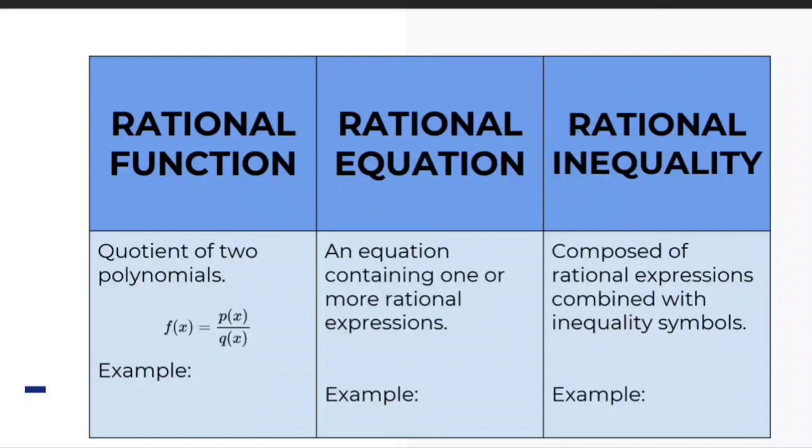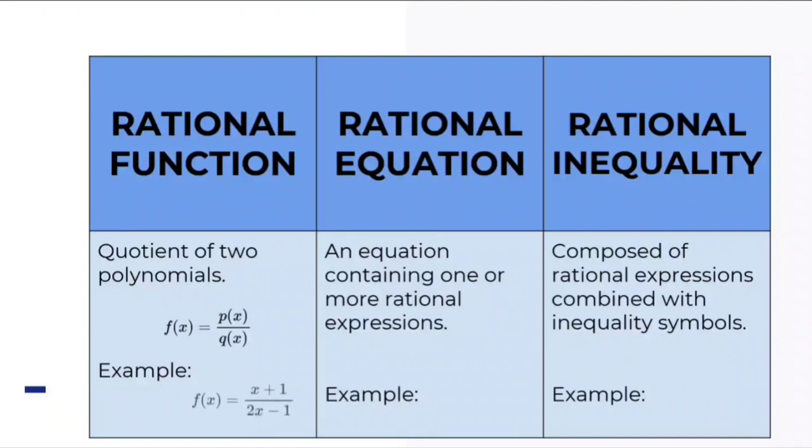When we say rational function naman, this is a quotient of two polynomials and it has a notation of a function. An example of this is f of x equal to x plus 1 all over 2x minus 1. So as you can see, nakita natin si function notation f of x.